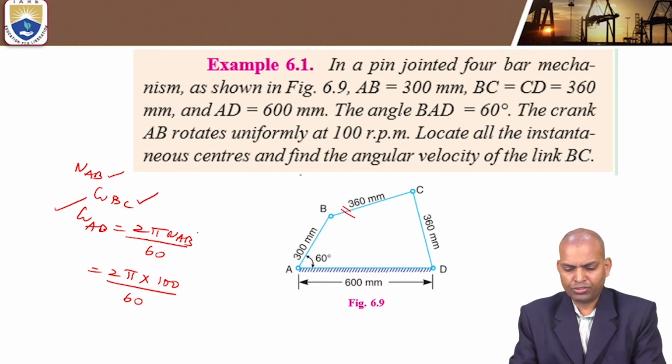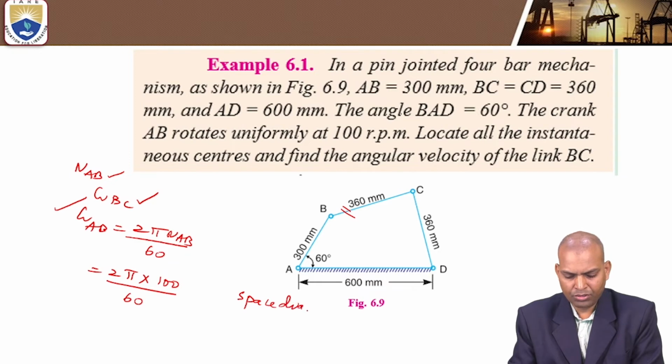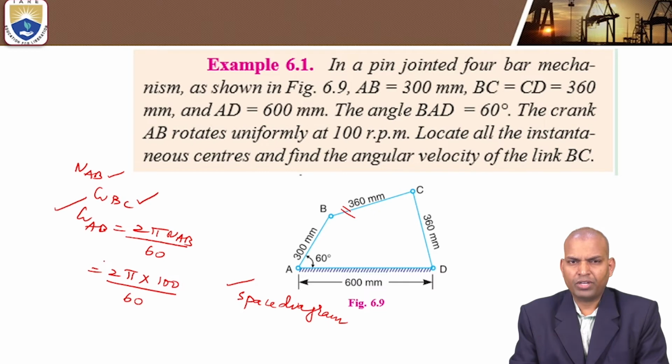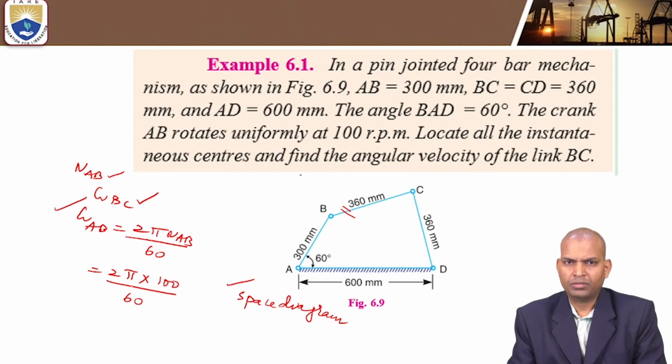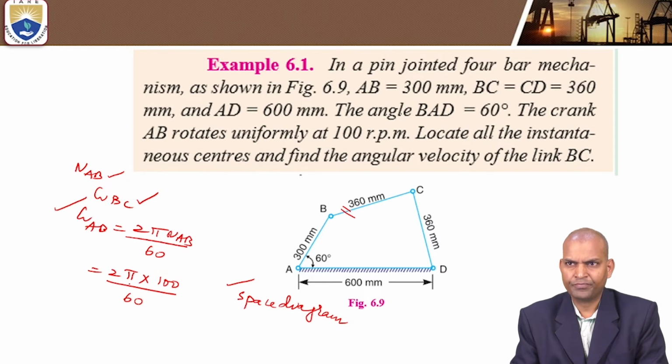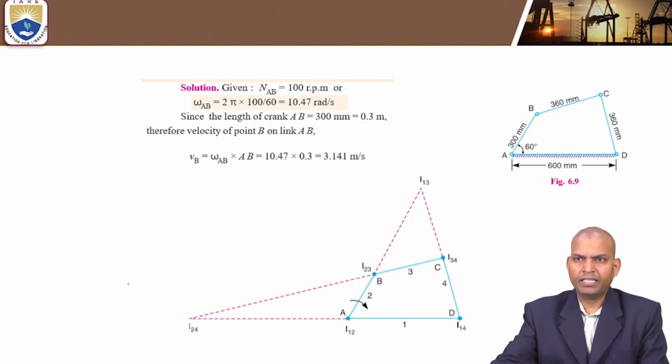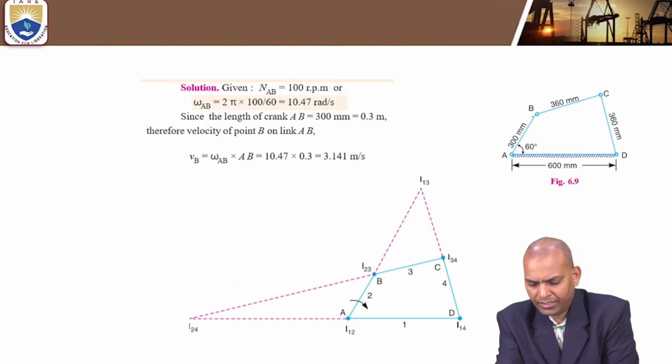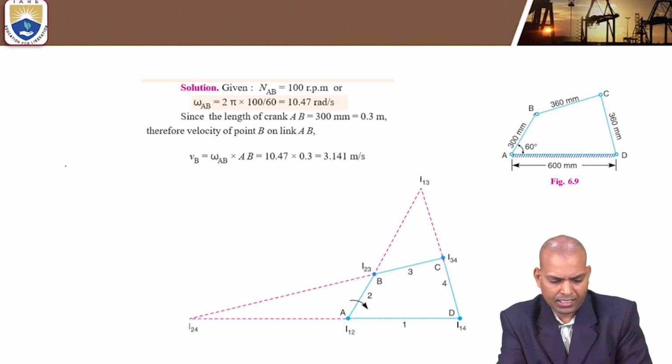So, how to start? We have to redraw this space diagram into our worksheet. Then after drawing this, we have to locate I centers with the help of Arnold-Kennedy's theorem, or three centers in line theorem. Now, after drawing this configuration diagram, take a scale.